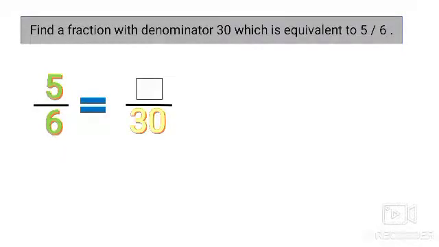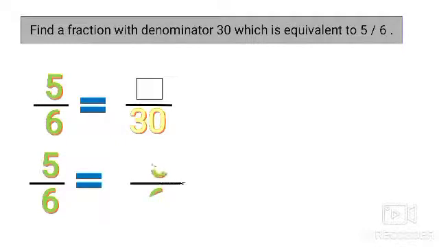So here the first one. Find a fraction with denominator 30 which is equivalent to 5 upon 6. So here 5 upon 6, and the question is you want the fraction with 30. That means in the denominator place the number is 30 and you want the numerator. So let's start. Here our fraction is 5 upon 6. As you can see, 5 upon 6 is smaller and 30 is bigger. That means you have to multiply. By which number are you going to multiply?